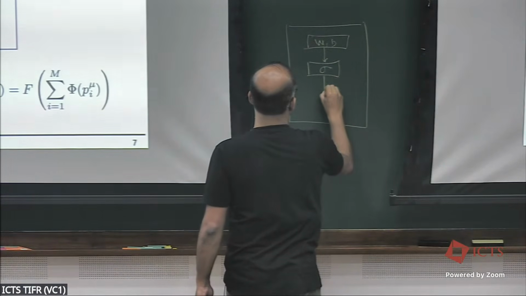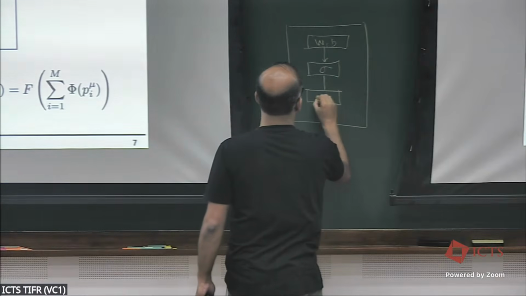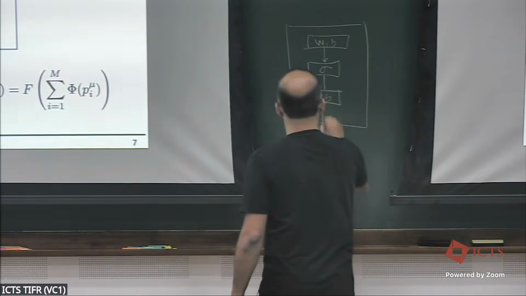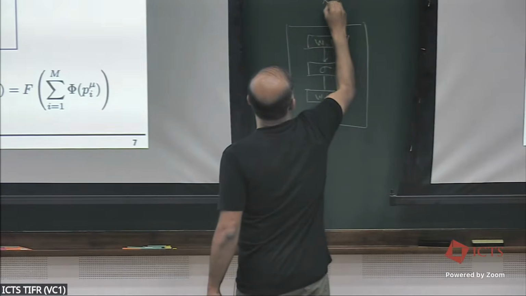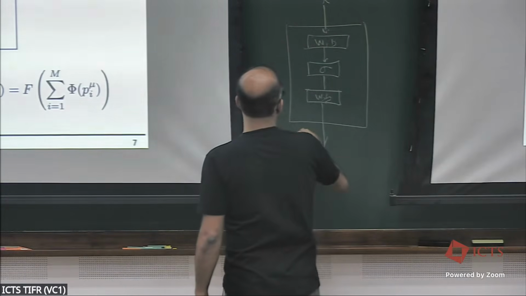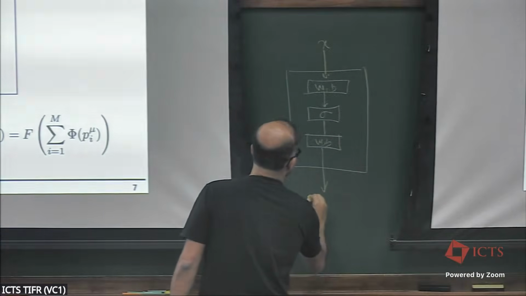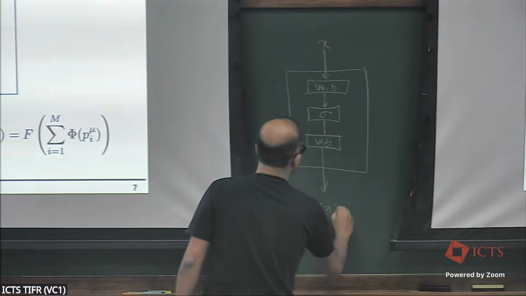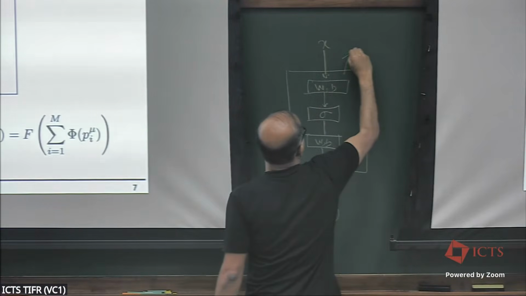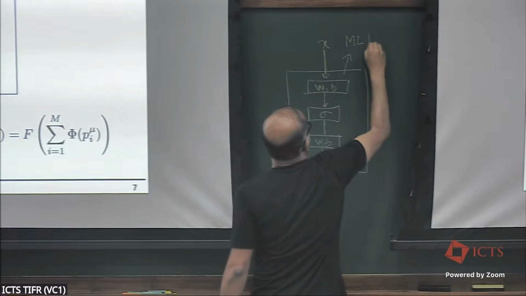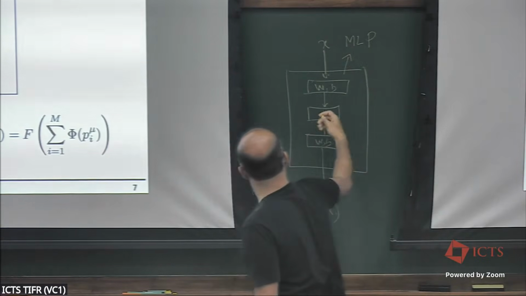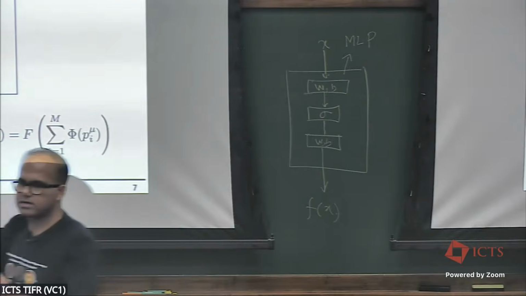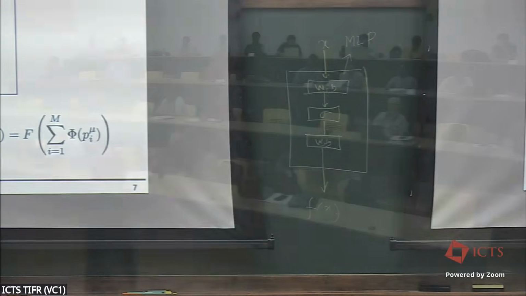There are multiple copies, and then again a linear pass, things like that, and then you have an output. So if you give an x and you get some f(x) as output, these are the structures known as multi-layered perceptron. If you do this little internal stack multiple times, that's a multi-layered perceptron.